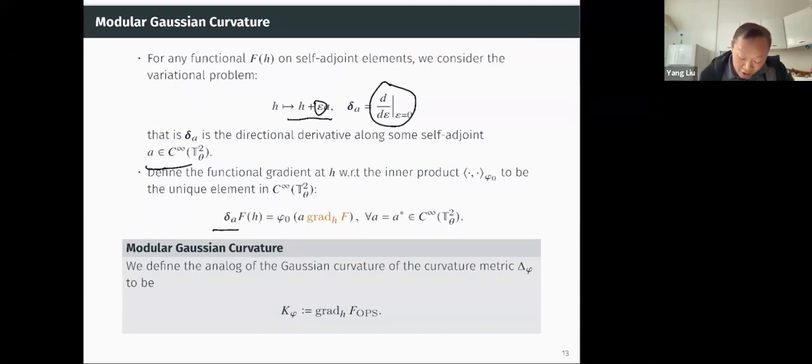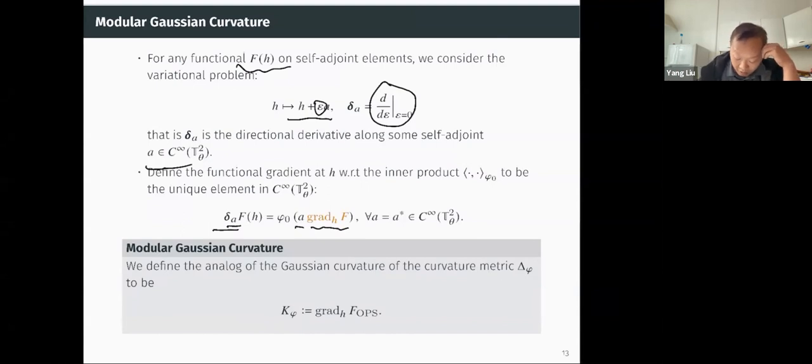So this is a linear function in A. By heavy computation, we can show that this linear function is sort of local, in the sense that it can be written as the integration of A with some density. This density we call the functional gradient, the gradient of this abstract functional. It's very similar to what we learned in calculus, right? This is the directional derivative.